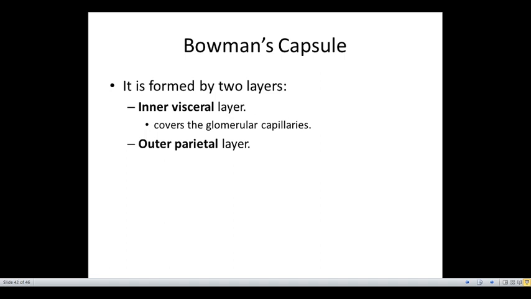The second part of the renal corpuscle is the Bowman's capsule.